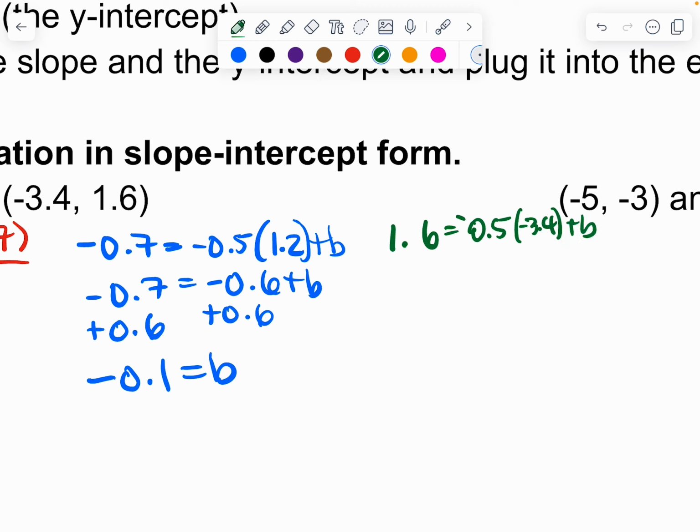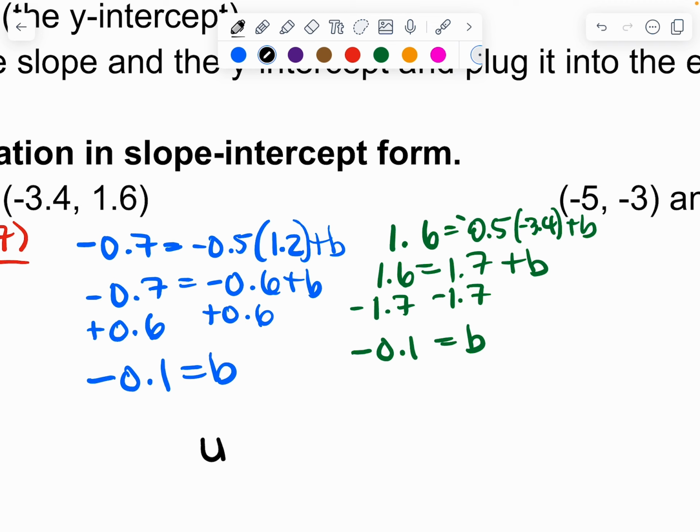So 1.6 equals 1.7 plus b. Subtract. And I still get the same equation. It doesn't matter which one I used.